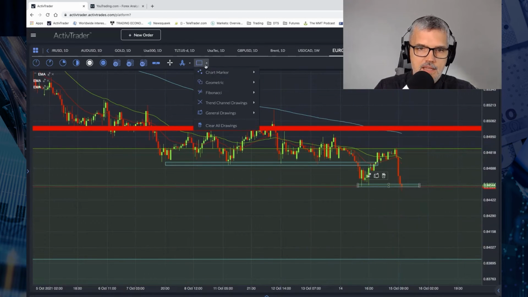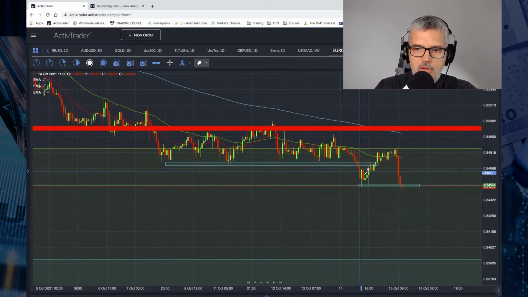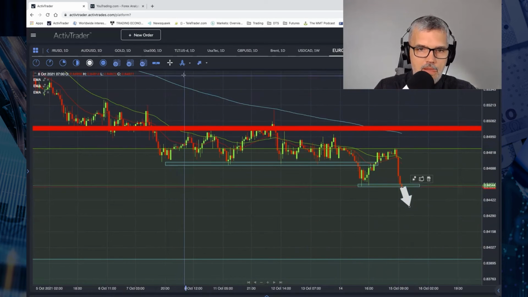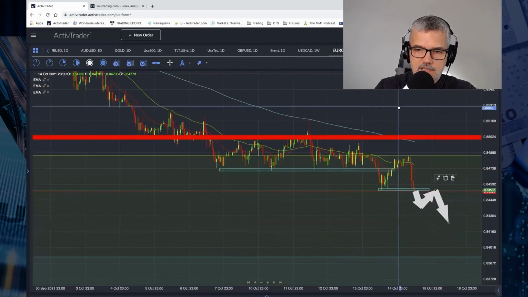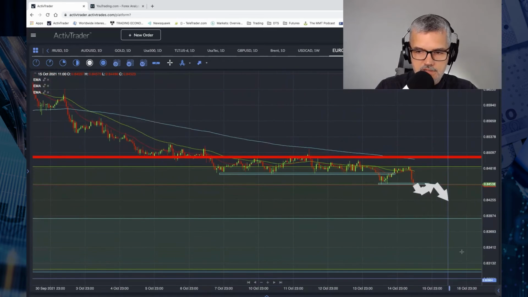So if we get a move down and then a return to this level, 0.845, get a rejection, either an engulfing candle like this one here or a spiky wicky one here, then that's a signal that we can go lower and start testing into this, lower 0.84s down to the 0.83s.